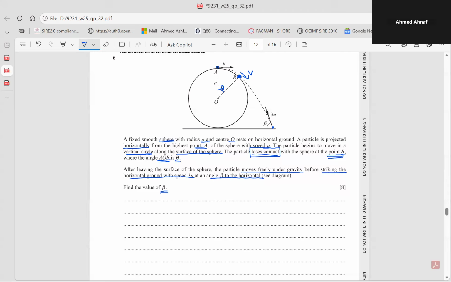For vertical circles, you have to use both energy conservation as well as the centripetal force formula by analyzing the forces. At point B, we're told that it loses contact, so there is no normal contact force. So the only force acting at that point is its weight, which is just mg. It didn't tell us the mass, but we can just let the mass be m.